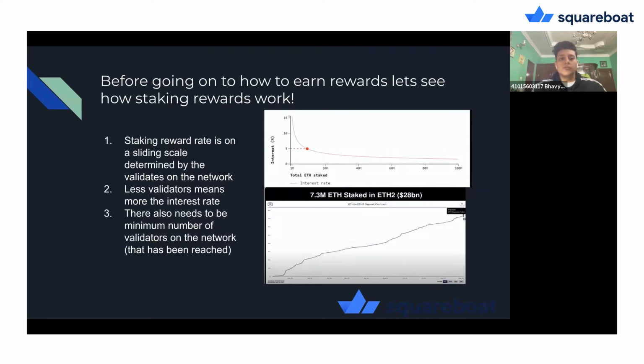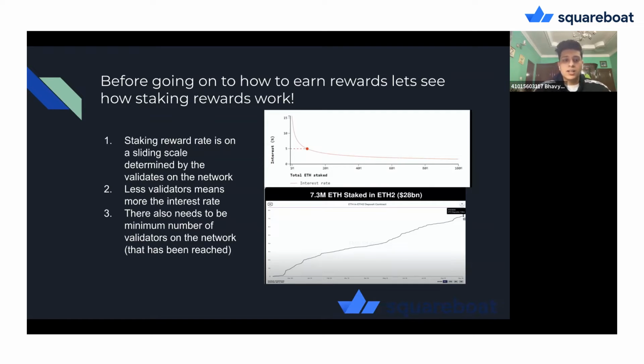Before going to how to earn rewards, let's see how staking rewards work. Basically, it's a sliding scale. As the number of validators, the number of stakers, increases, the interest rate decreases. If you were an initial staker, you might have received a 23-24% annual return.